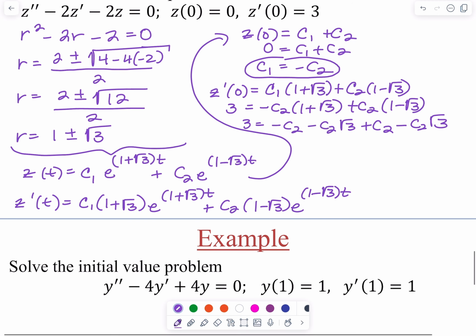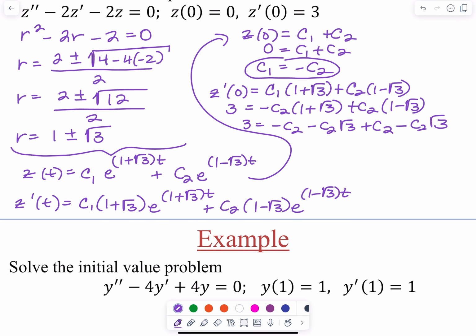And doing a little algebra here, we can see that 3 is equal to negative 2 c2 root 3, and I'll go ahead and solve that for you. c2 ends up to be the opposite of the square root of 3 over 2.